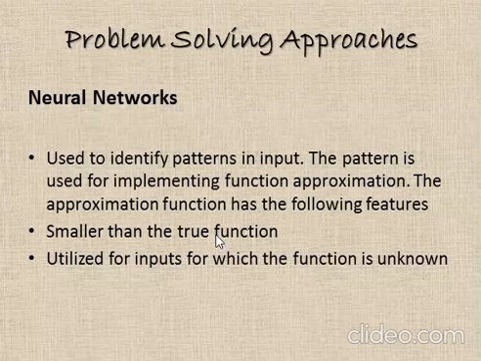The approximation function has the following features. It is smaller than the true function, naturally, because we are reducing the number of inputs. If there are 5 inputs, the 6th one can be generated with the use of the pattern of these 5 inputs. Suppose we say that after one input we should do the second input, then the third, then the fourth, and we should have at least 9 inputs in that way.